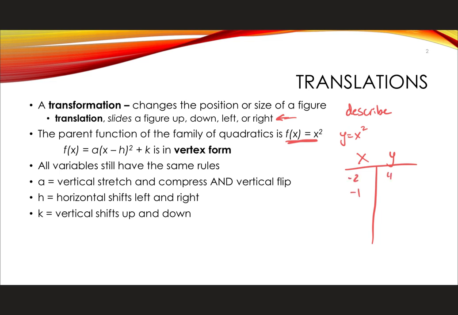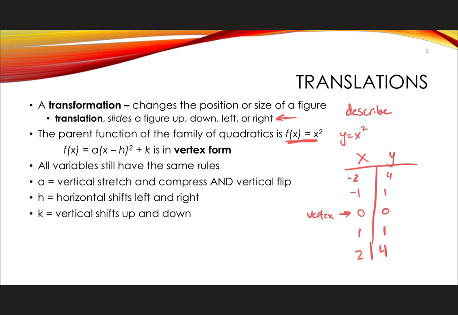This is -1, 1, 0, 0, 1, 1, and 2, 4. As you notice, you have this rebound effect where you have the points that go down, and then you hit this point in the middle that goes back up. This is the vertex, because it's in the absolute middle of your graph.